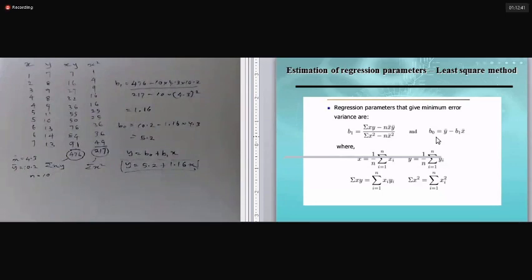Now, based on this equation, we can find the values outside this range. For example, when x is equal to 10, can someone find the value of y? 16.8.